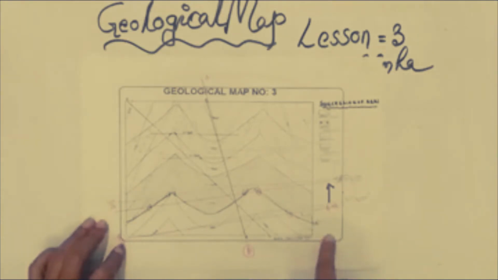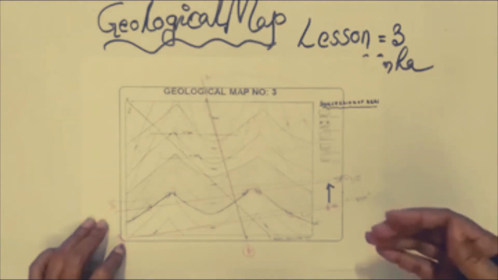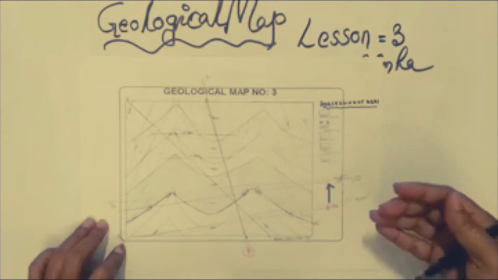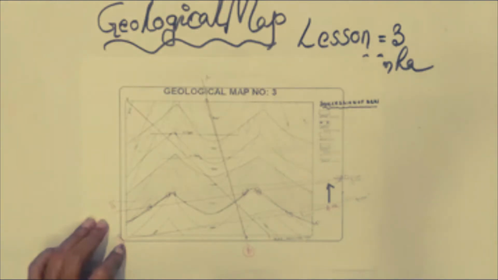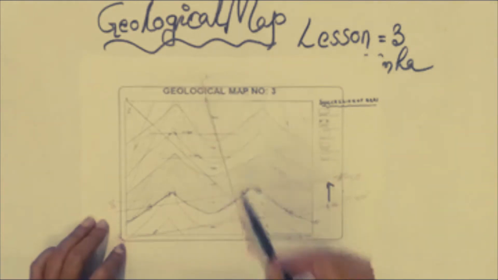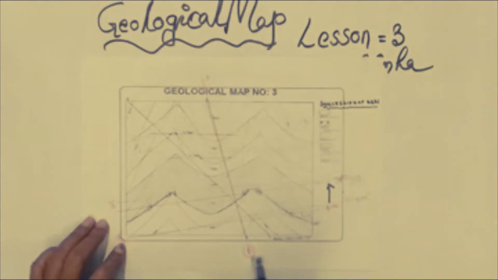So now the problem is how we will identify the true dip and apparent dip. Here one thing is very clear: in a geological map, we can plot, identify and measure all these things according to their section line. The section line depends on our choice.